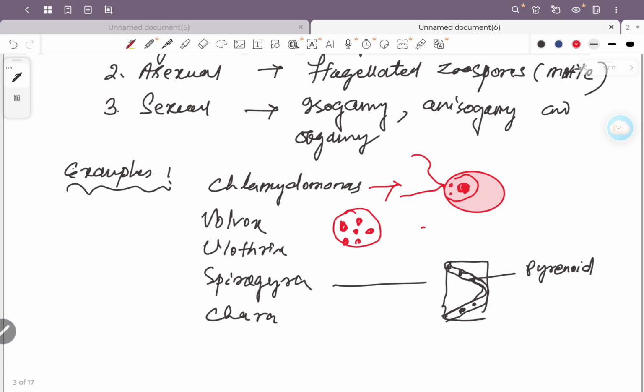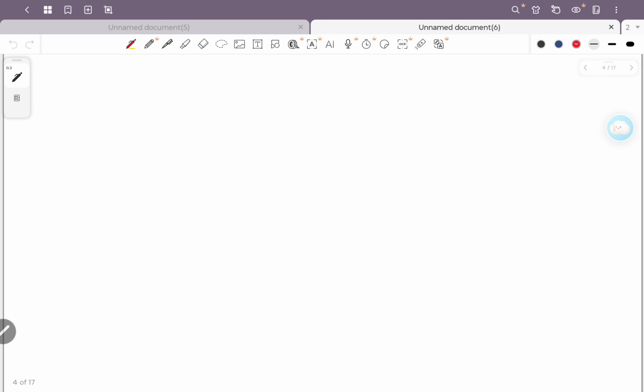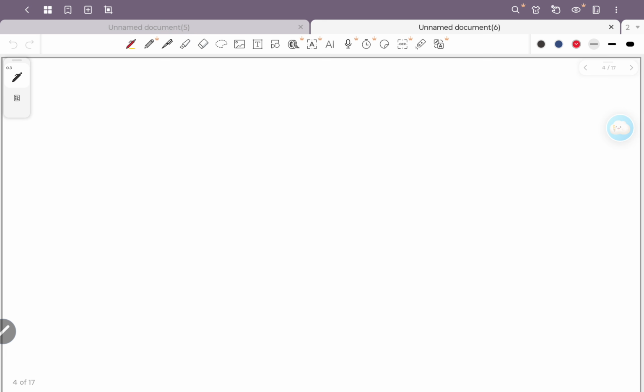Now come to the next group, the second one, phaeophyceae, which are commonly known as brown algae.